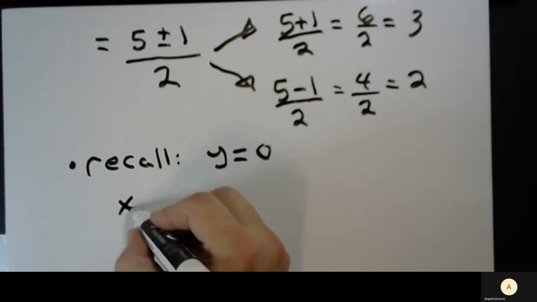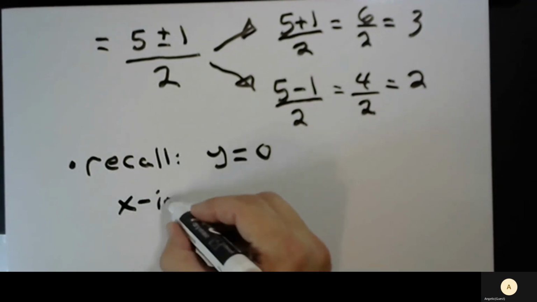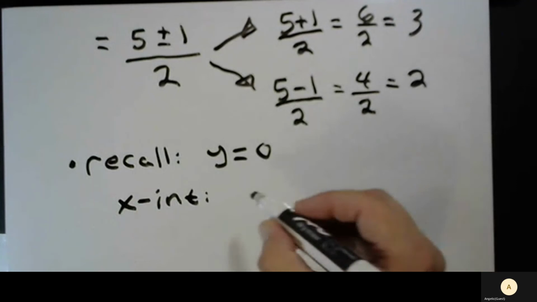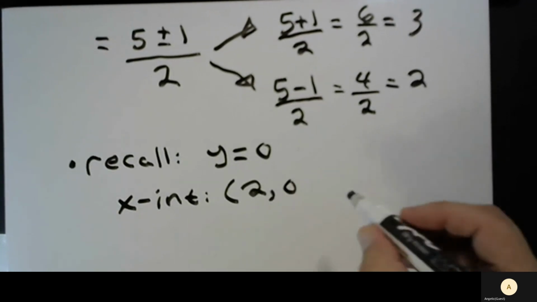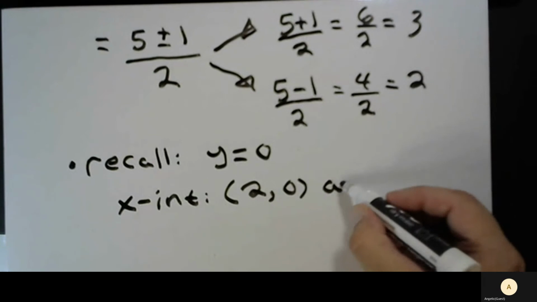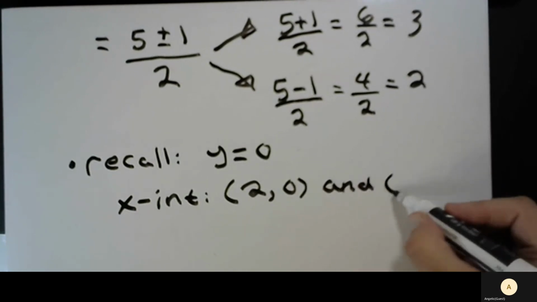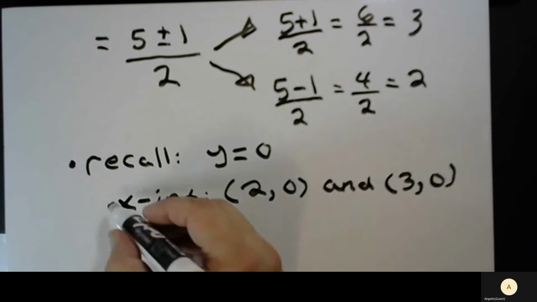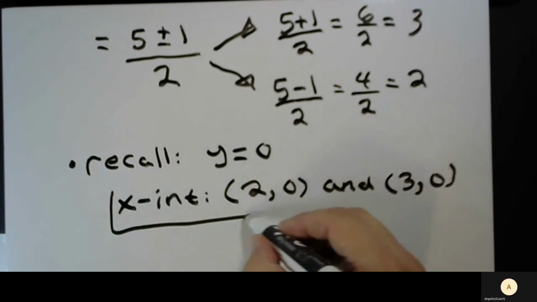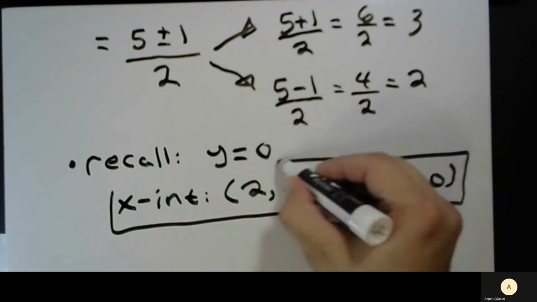That means our x-intercepts, I'm going to abbreviate intercepts, it's going to be the point 2, 0, and 3, 0. Those are going to be your answers.